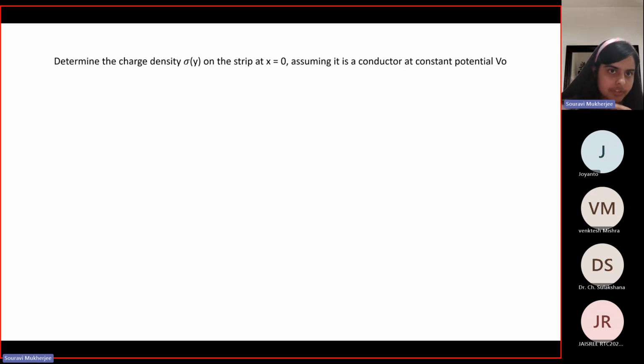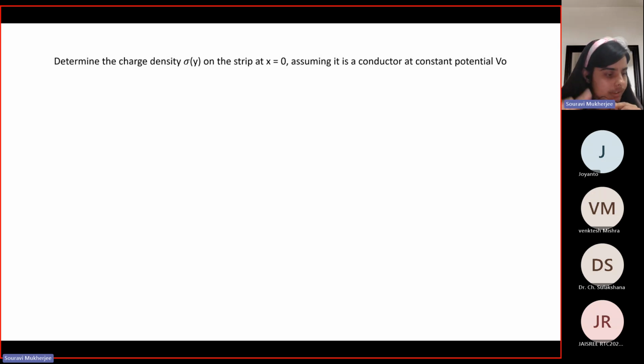So for a conducting surface with charge density sigma, E above minus E below was equal to sigma by epsilon naught for the normal components, while the tangential components were continuous, right? So if we know the electric field, we can find sigma by epsilon naught.